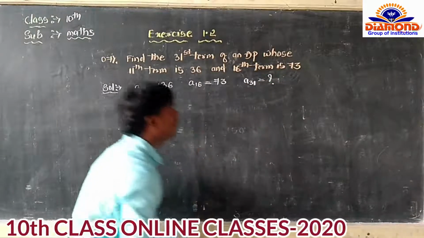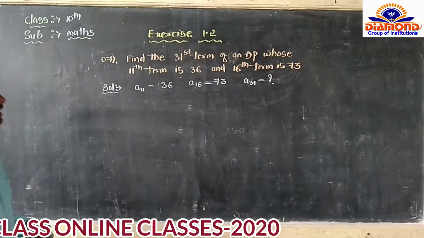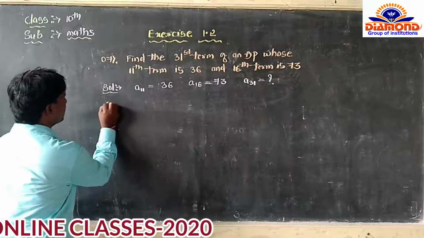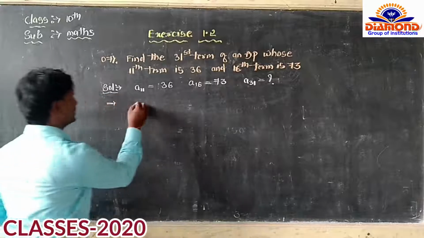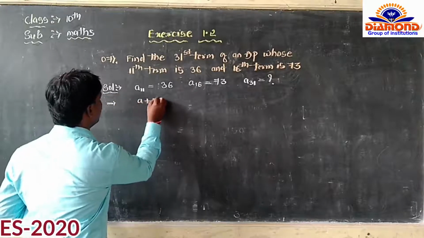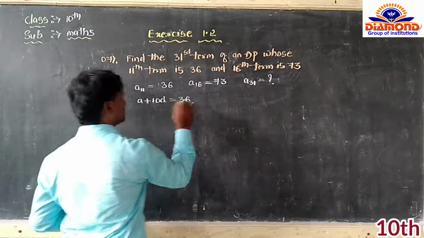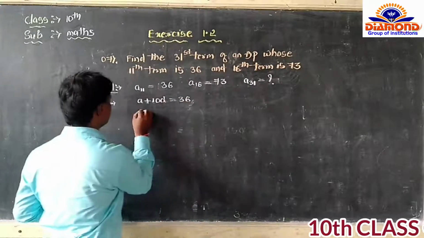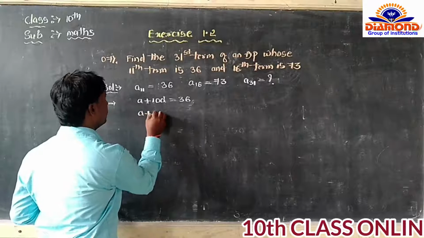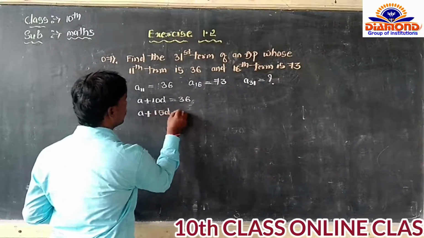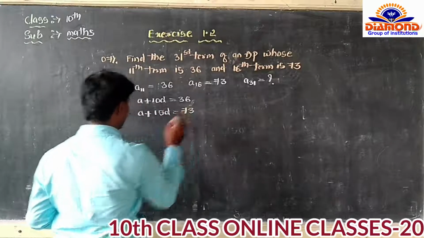Now a11 is written as a plus 10d is equal to 36. This is the first equation. This is written as a plus 15d is equal to 73.